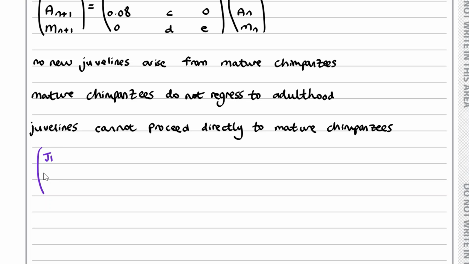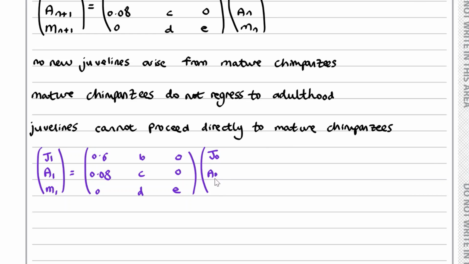So we've got J1, A1 and M1 equal to the matrix with first row 0.6, B, 0; second row 0.08, C, 0; third row 0, D, E; multiplied by J0, A0 and M0.